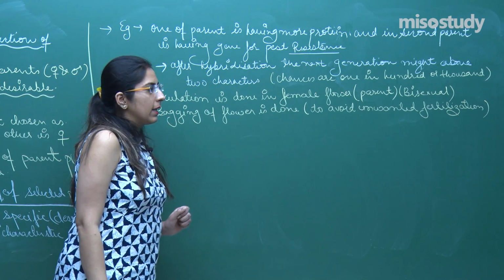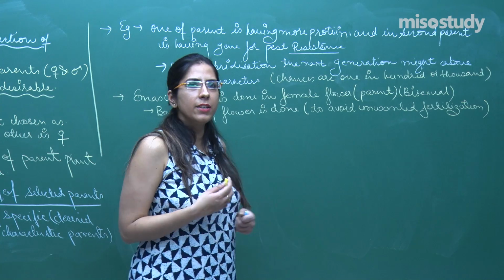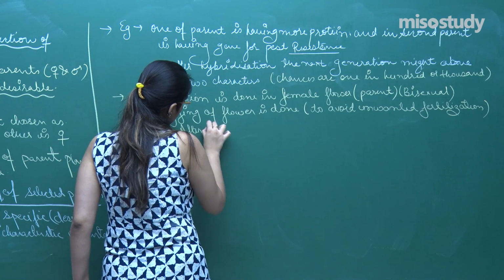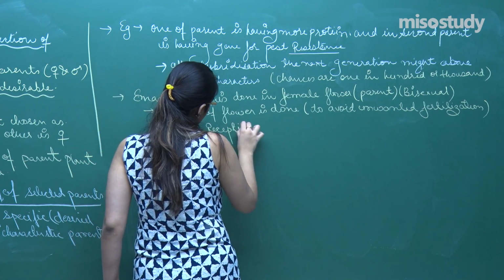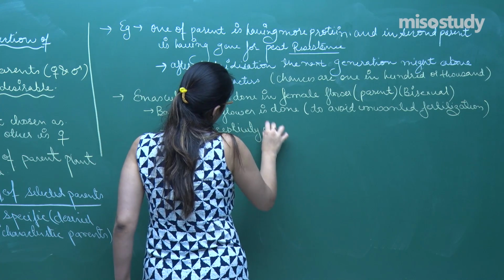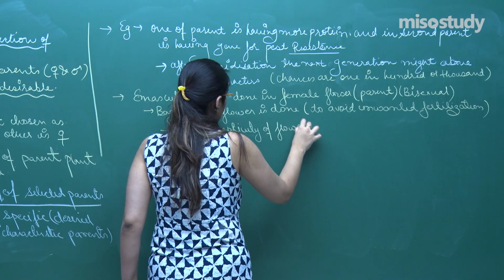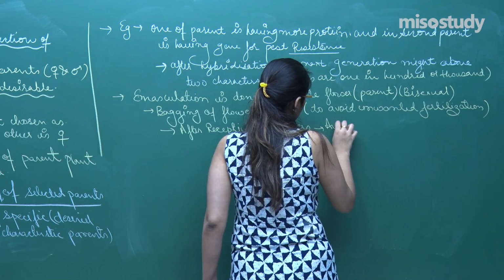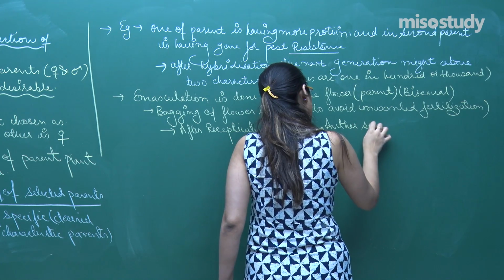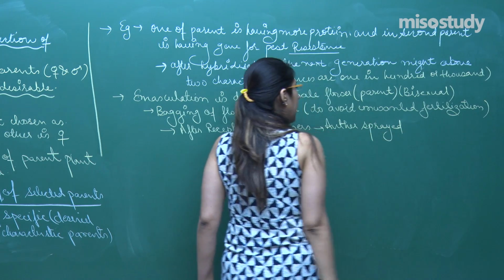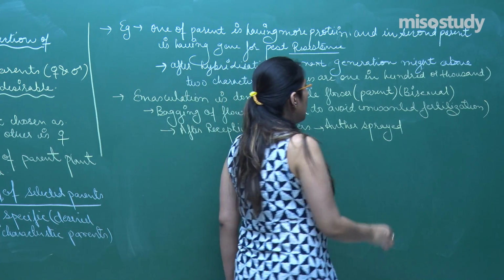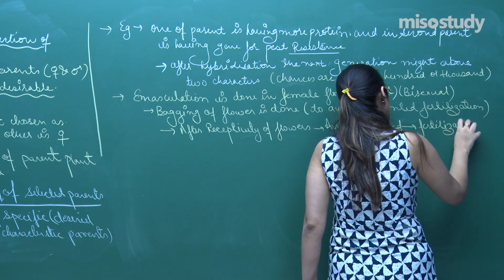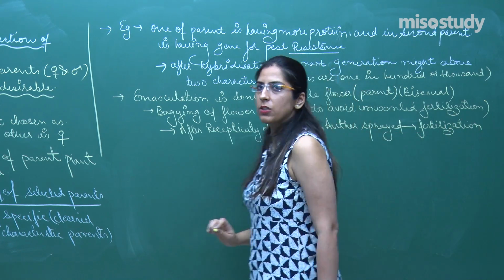So this was the bagging. Later on, after the attaining of receptivity of the flowers, anthers will be sprayed and that leads to fertilization, right?